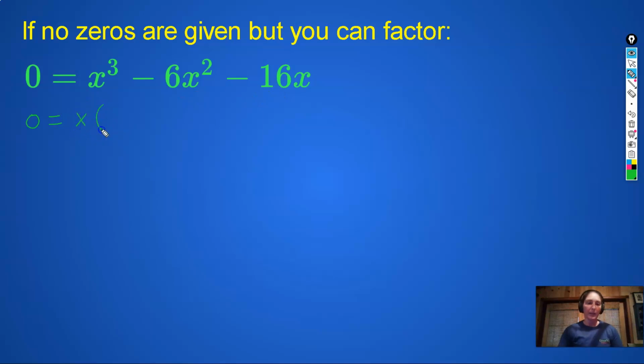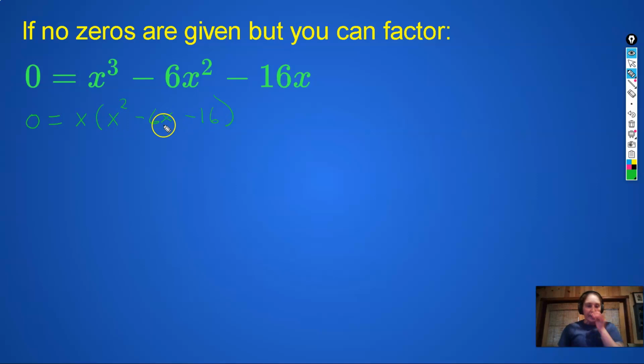Let's pull an x out of every term. This will go to x squared, this guy will go to negative 6x, and this guy will go to negative 16. Now we're back down to a quadratic. And once we get to a quadratic, we're golden because, again, we can graph it, or we can factor it, or we can use the quadratic formula. So we have 3 different options here for finding the zeros.